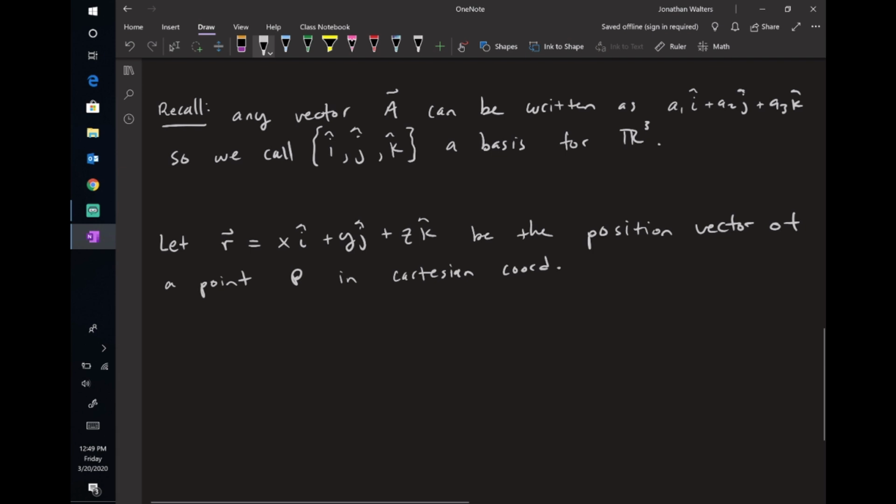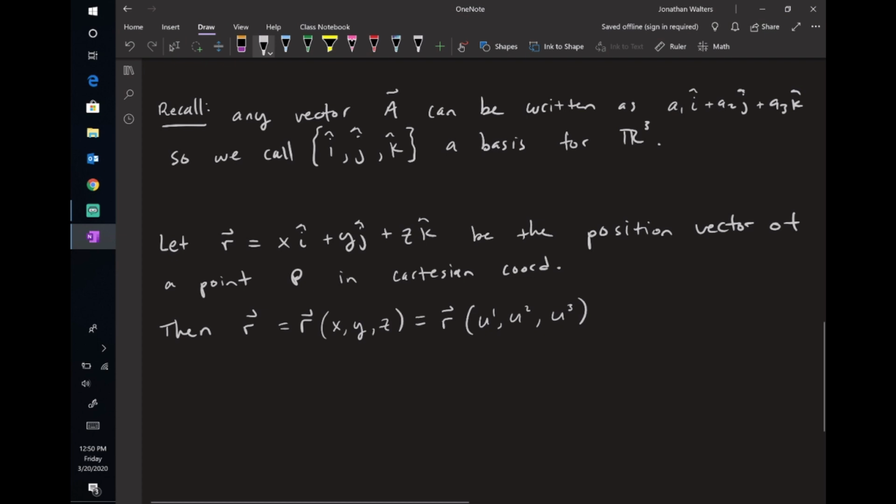So then R is really a function of x, y, and z, but x, y, and z we can assume are functions of the curvilinear coordinates. So it's really a function of u1, u2, u3, since x, y, and z really depend on u1, u2, u3.